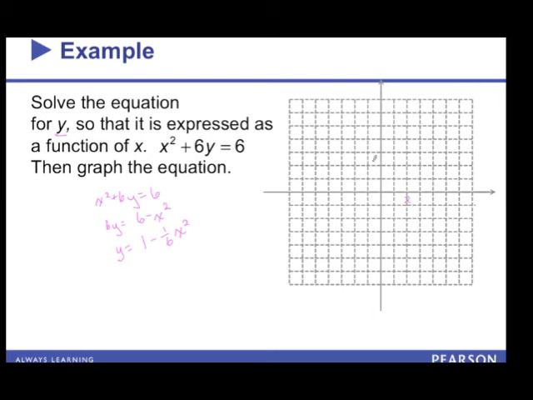So I'm graphing this by hand. I'm going to want to pick some x values. I'm going to use -3. So -3 squared is 9.